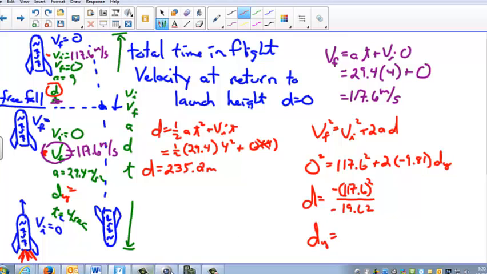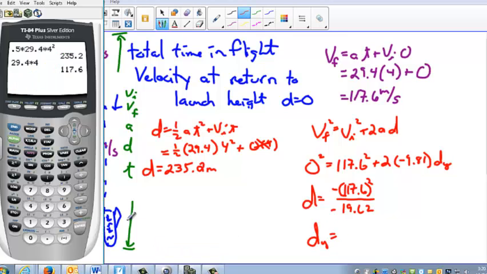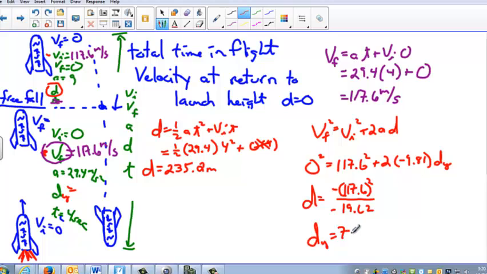Let's go back to the calculator: 117.6 squared divided by 19.62 gives me a height of 704.88 meters for the part where it's in free fall after the rockets have stopped.